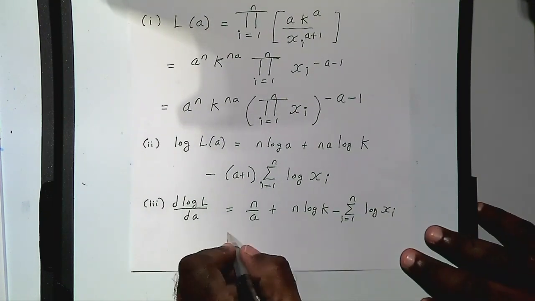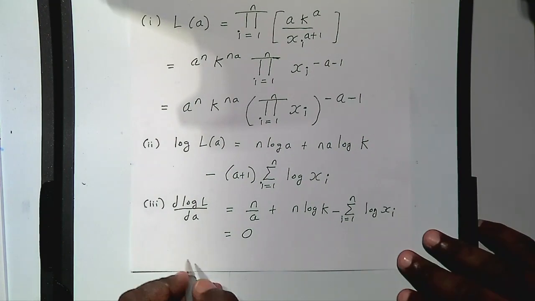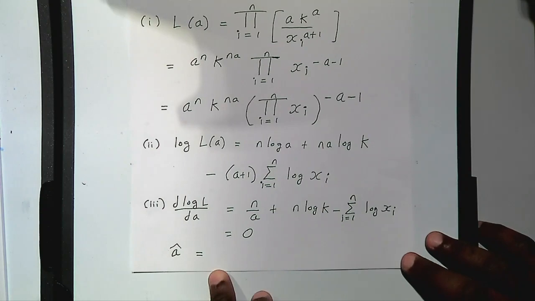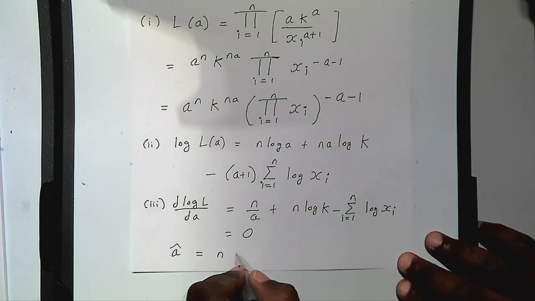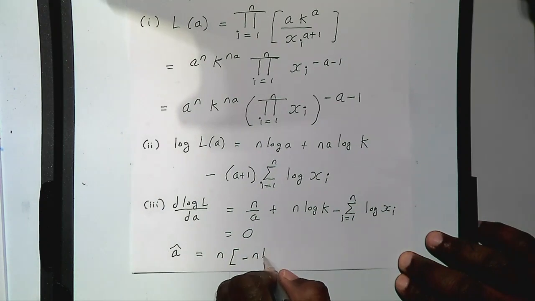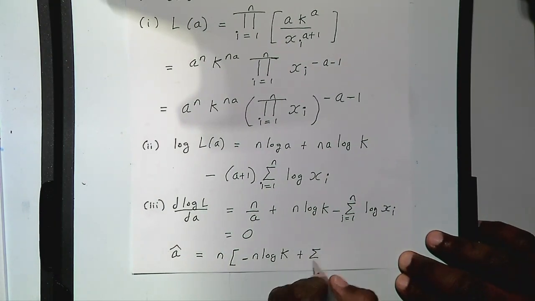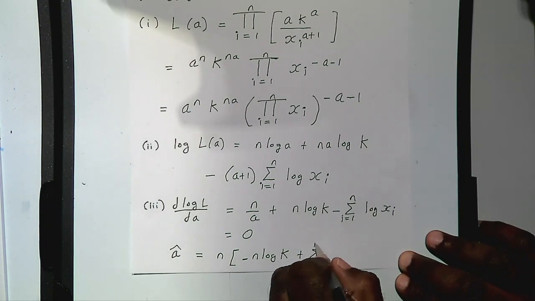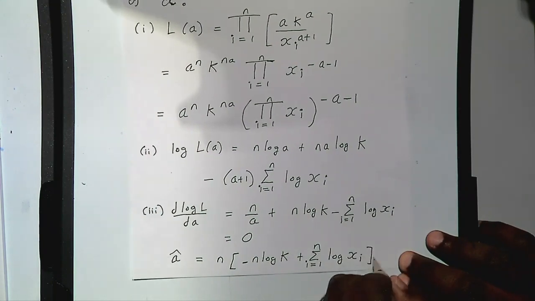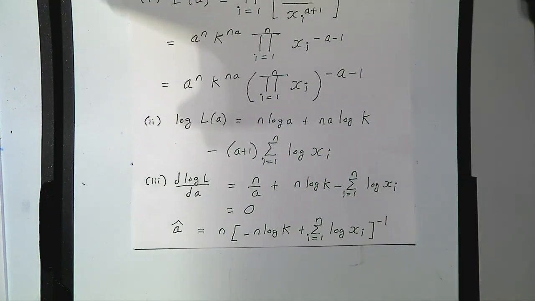Now you set this to 0 and solve for A, you get A hat equal to the following. n... all right, this is the solution for A.